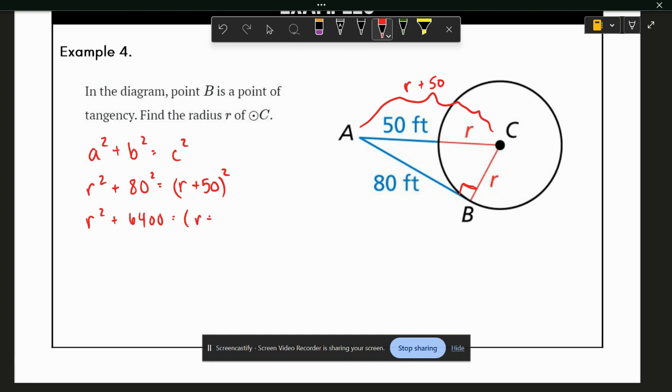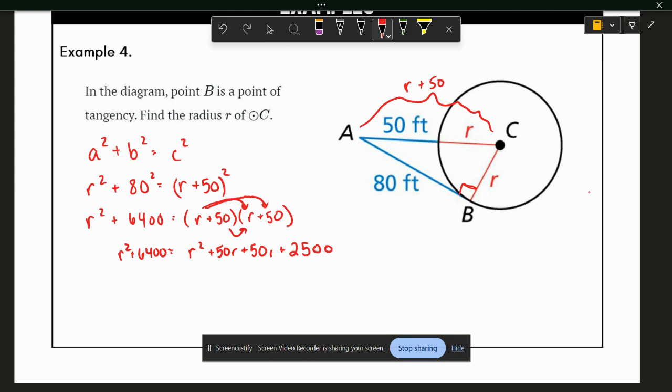Foiling means that I write the r plus 50 twice, or double distribute, whichever one you prefer. r times r is r squared. r times 50 is 50r. 50 times r is 50r. And 50 times 50 is 2,500. It's equal to r squared plus 6,400.